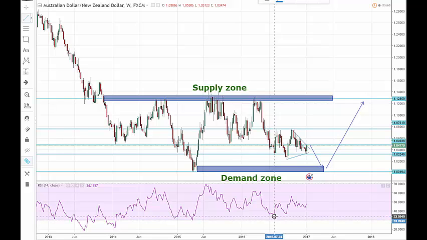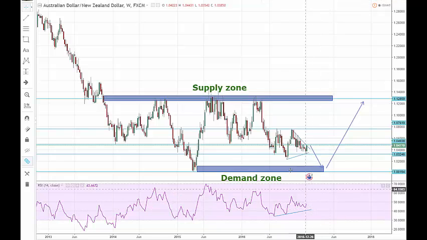Over here we see already that price is losing some of the downward momentum. We see here a low, a lower low. Here we see divergence on the RSI because we see a low and a higher low already. So I think we are probably in the transition of a trend, so a potential long could be in.